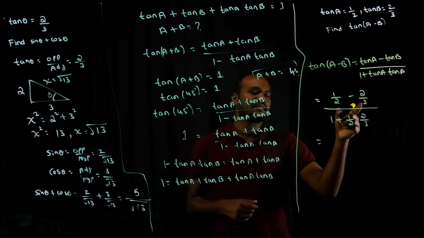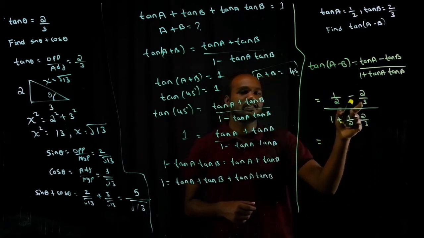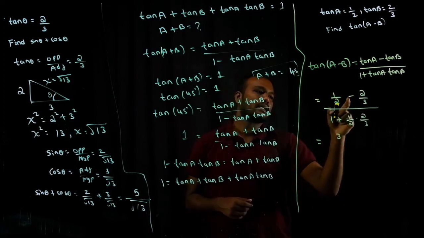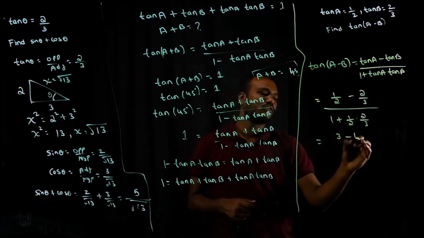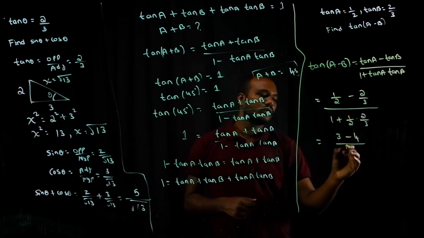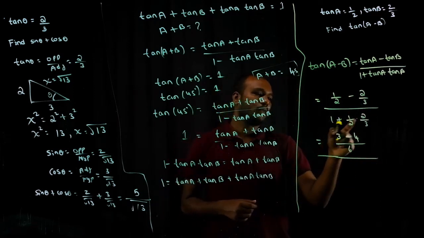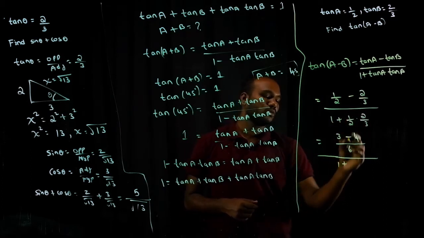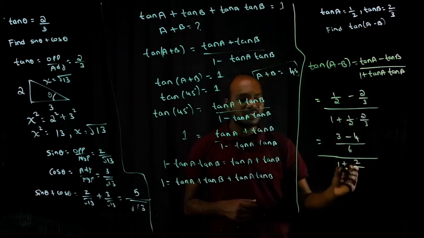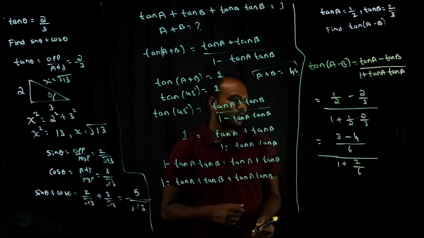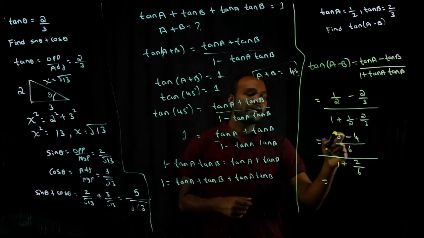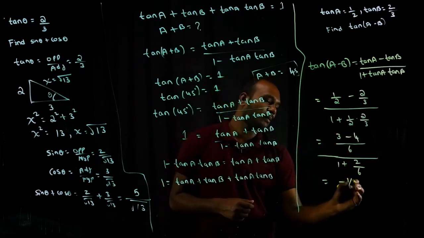So let's solve this. We have to take an LCM. This into this, this into this, this into this, right? 3 into 1 is 3 minus 2 into 2 is 4 over 3 into 2 is 6, divided by, again, 1 plus 1 into 2 is 2 over 2 into 3 is 6. So 3 minus 4 is minus 1 by 6 in the numerator.